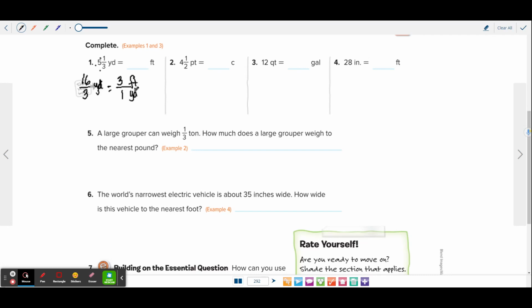So we're going to cancel that and cancel that, and then multiply straight across. You get, whoops, 16 times 3. So that's 48 thirds.